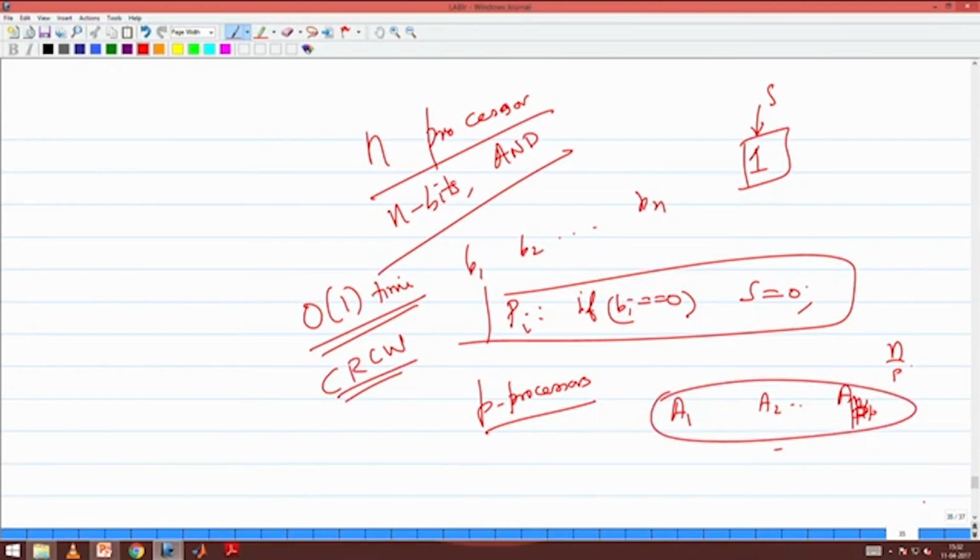Now I have P processors and P bits, and this will take order 1 time. So n by P time into P is order n. So this is an optimal algorithm. I can design an optimal algorithm which will take n by P time to find the AND of n bits.